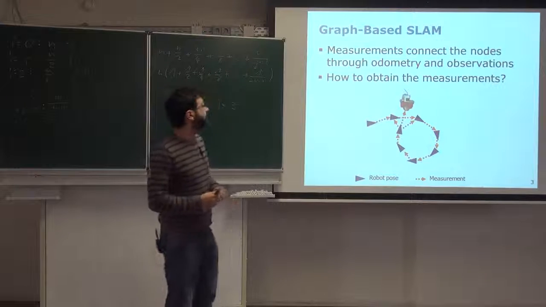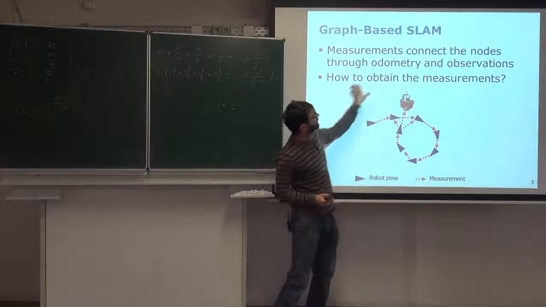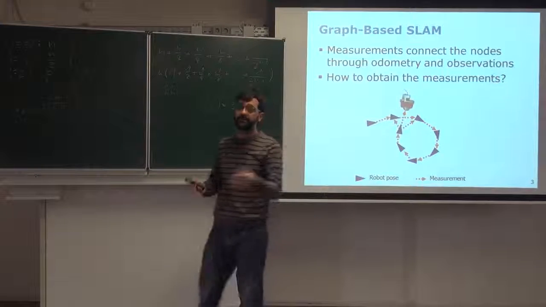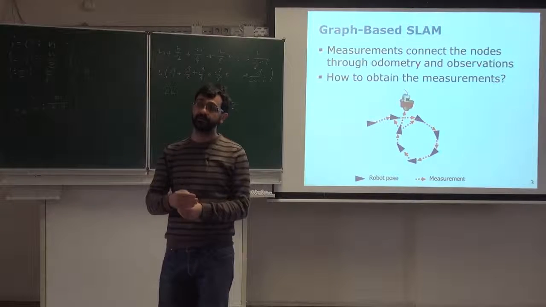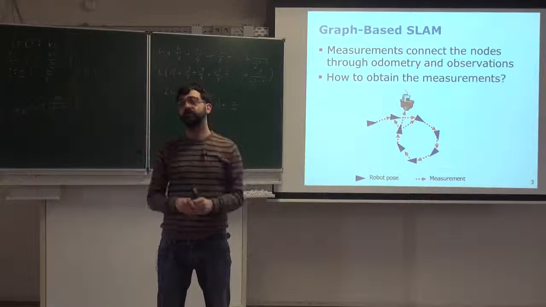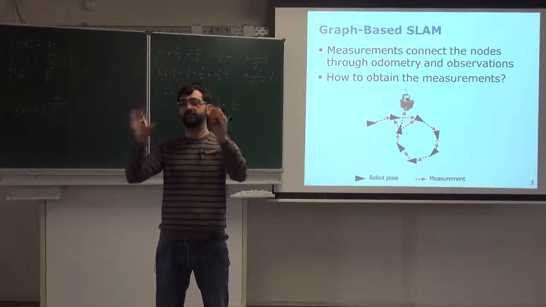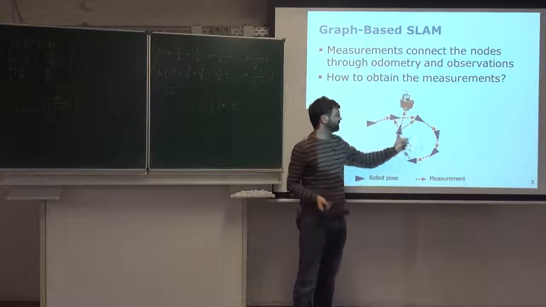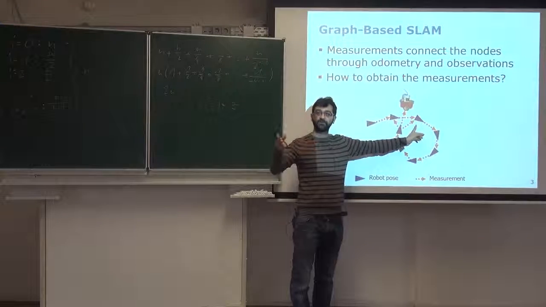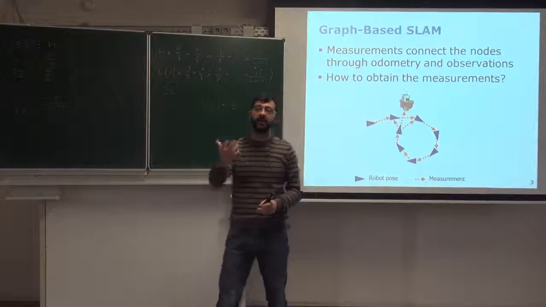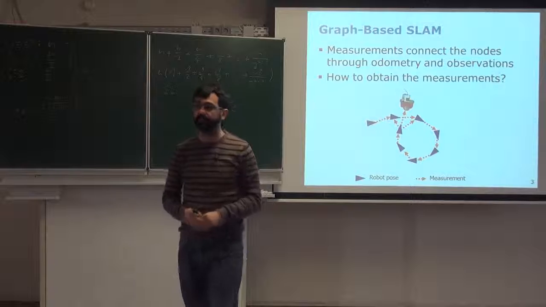So the whole question of the lecture today is how to obtain those measurements, how to solve the decision part, which is the data association part that tells this place and this place are the same, and also how to compute a transformation between places. So you have everything that you need in this graph: the topological connection, which is the data association, same place or not, plus the metric information, which is the value that you put in the measurement itself.